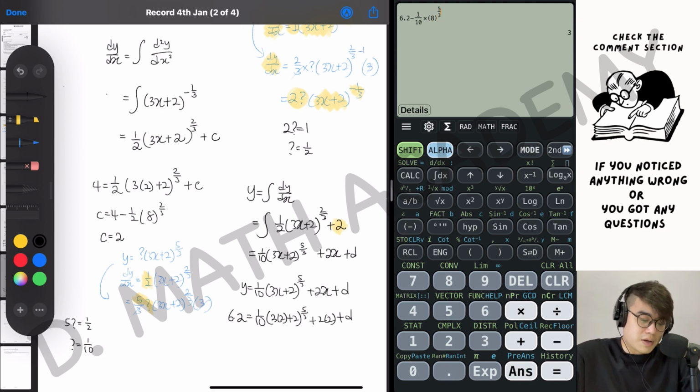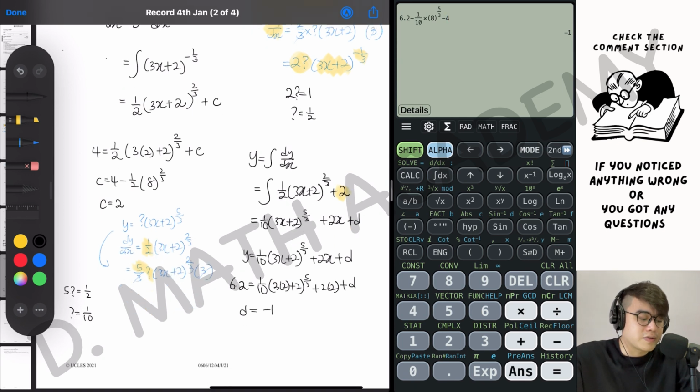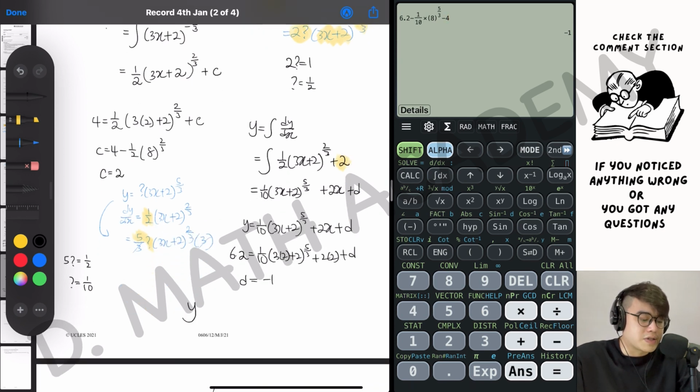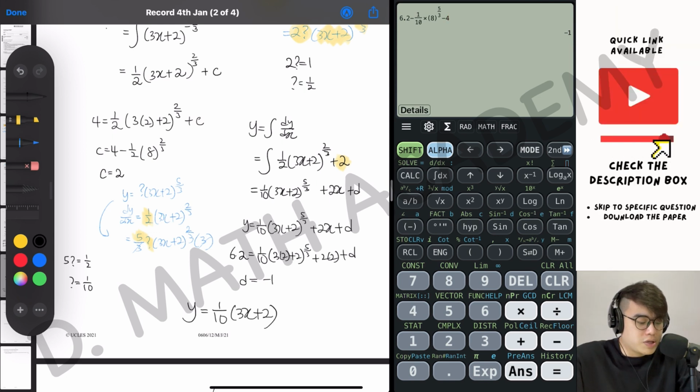And also minus 4 from it. So through this, you will get your D's value as -1. Okay, so your final answer for this question goes by 1 over 10, (3x + 2)^(5/3) + 2x - 1. So this thing here is your final answer.